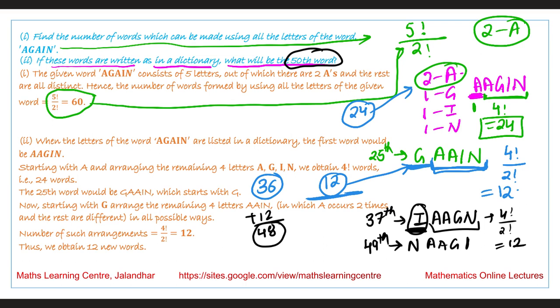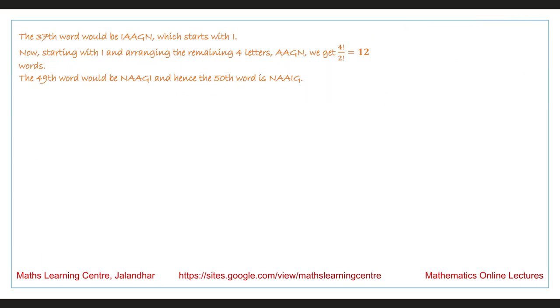And the 50th word will be NAAIG. This is the 50th word that we had to calculate. So the 37th word is IAAGN, the 49th word is NAAGI, and the 50th word is NAAIG.